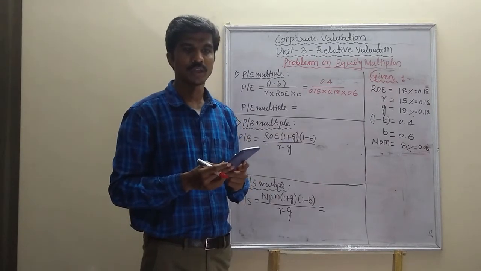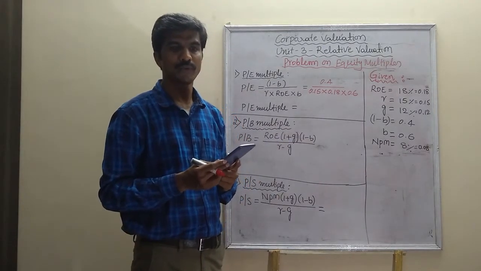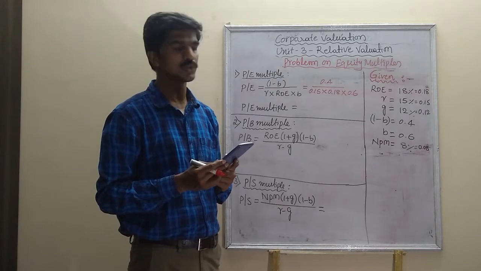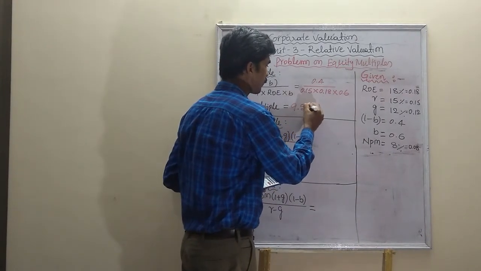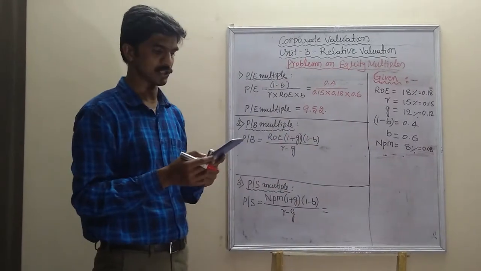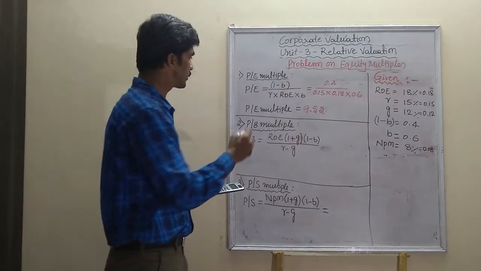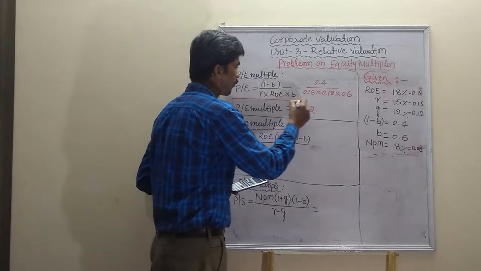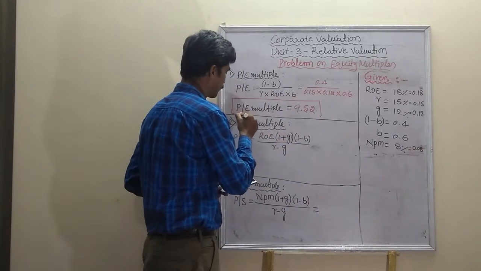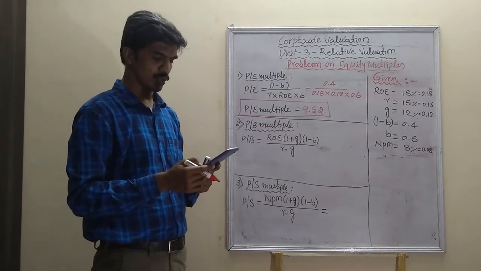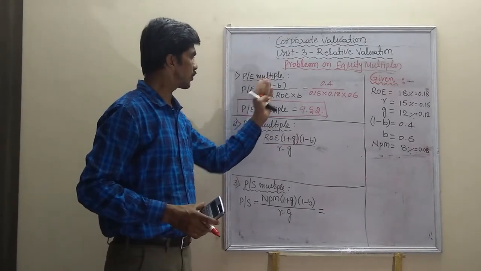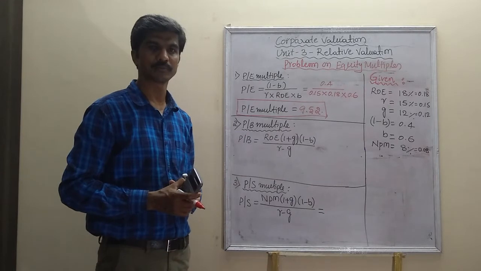That is going to be 9.52. That is the PE multiple value we are going to arrive at, 9.52.